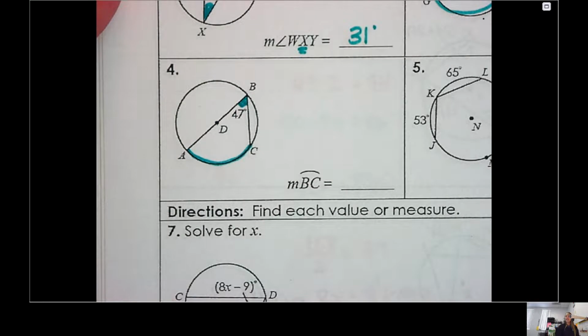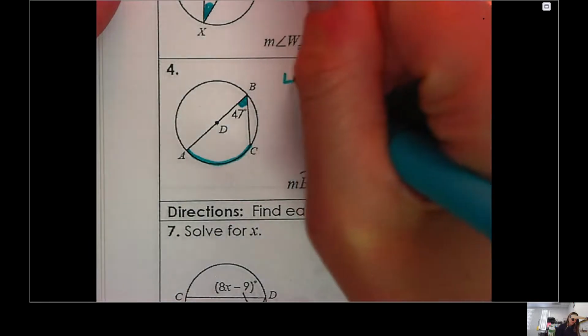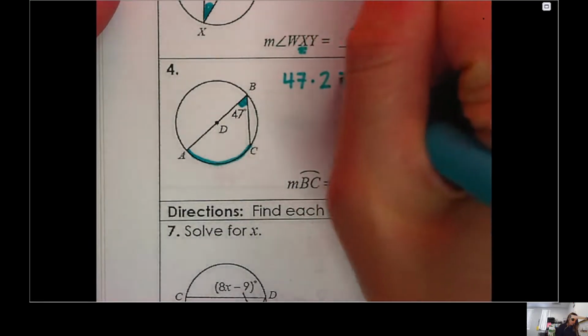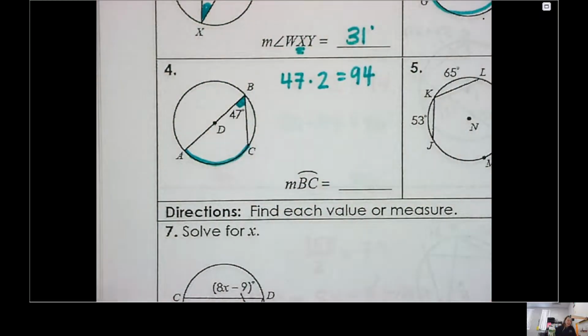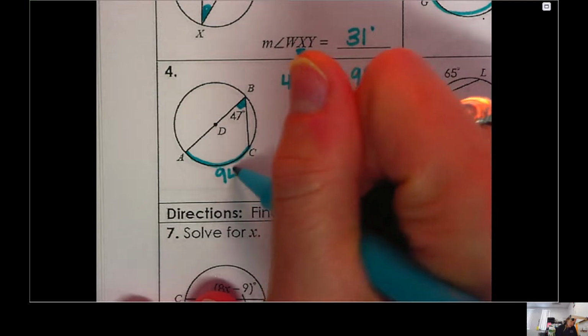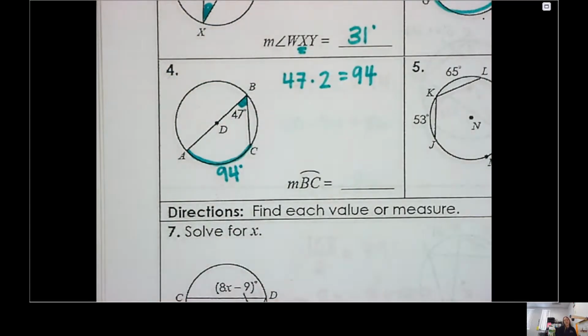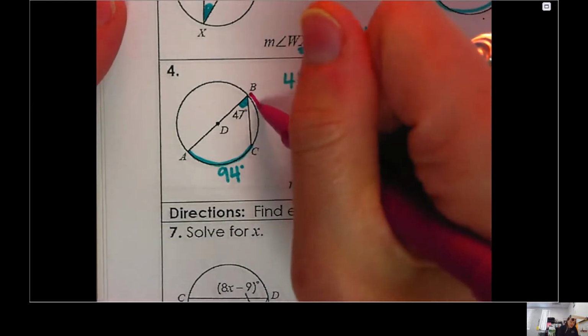Perfect. So to find AC, I'm going to multiply 47 times 2. Great. Now, that's this piece. Cool. What am I asking you for? Not that piece. I'm asking you for this one. BC.